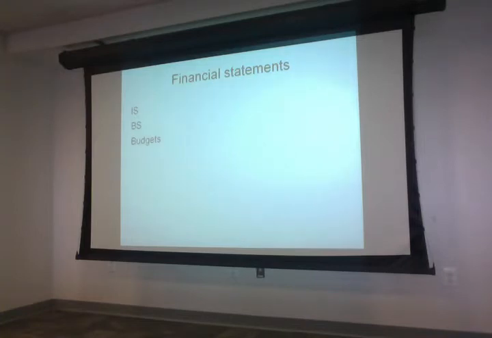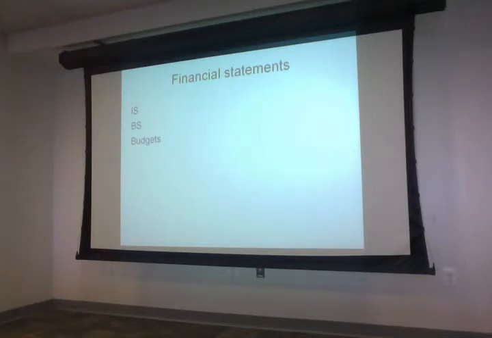All right. So this is the basic flow of the income statement. Now let's talk about the balance sheet. What is the balance sheet? It's like assets on one side, and then liabilities on the other.